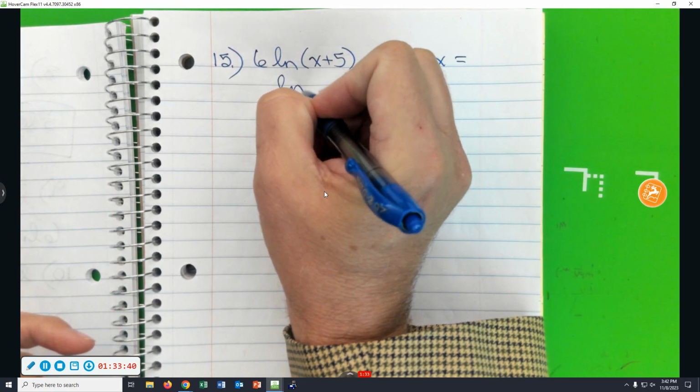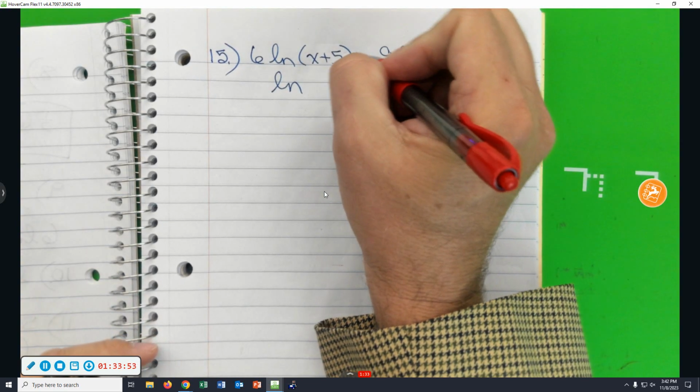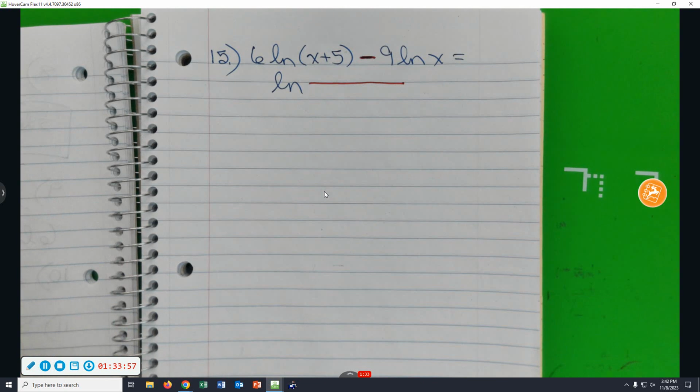Here's my ln. The first question I ask myself: do I need a fraction bar? And the answer is yes, because of the minus. I'm deliberately not making it in red until after I've asked the question, okay?